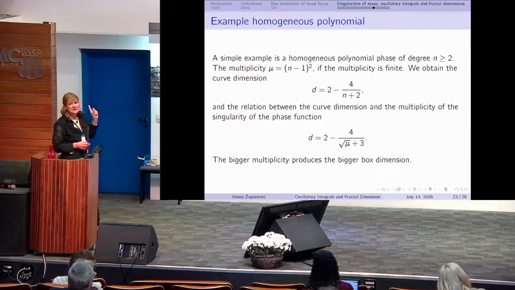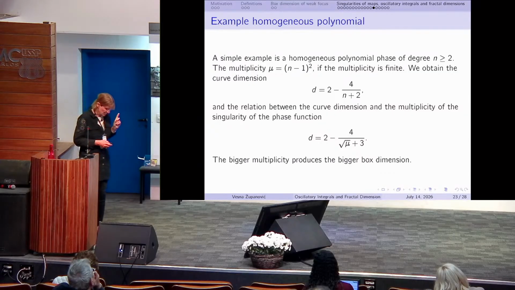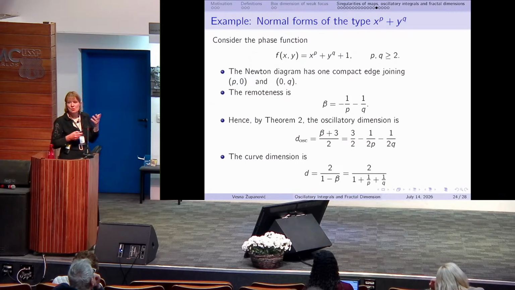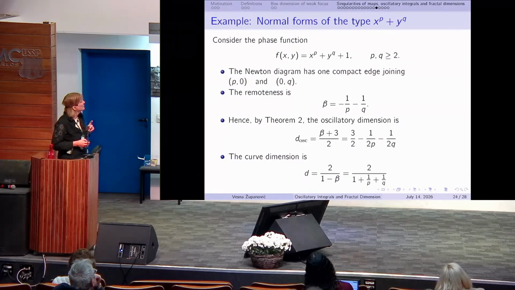Okay, if the multiplicity is finite, that's it. And bigger multiplicity produces bigger box dimension. So more complicated means more accumulation at our curve, bigger.